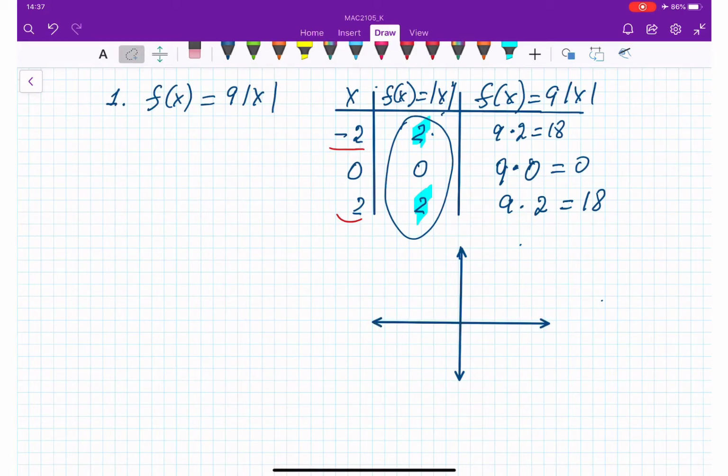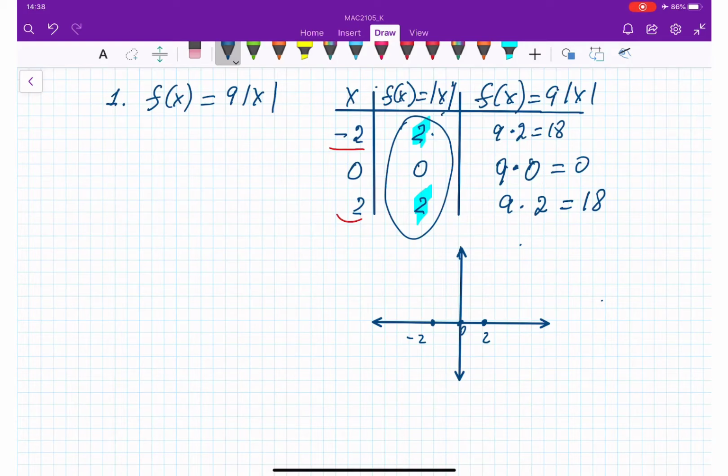Okay, so what do we have here? I'm going to build first absolute value of x. So my x is -2. Let's say this is my -2, 0, and then I have +2. Negative 2, 0, and positive 2.